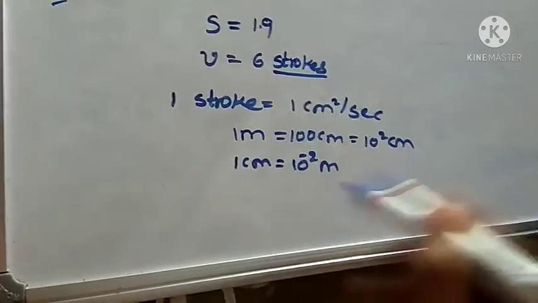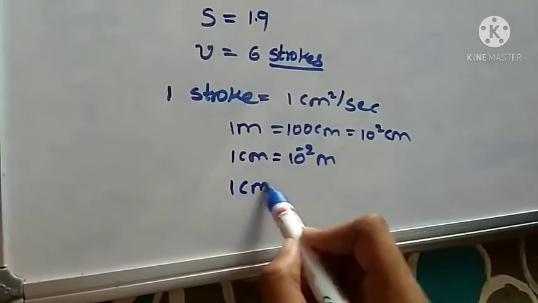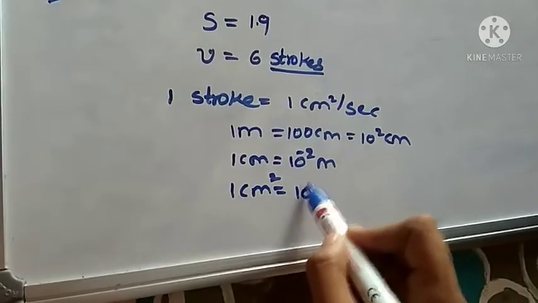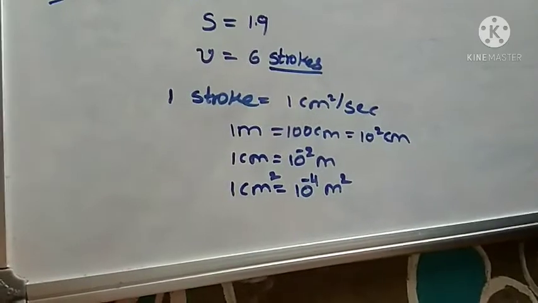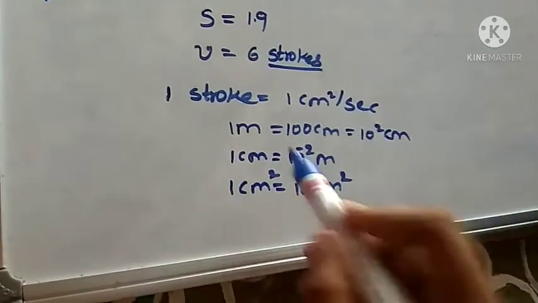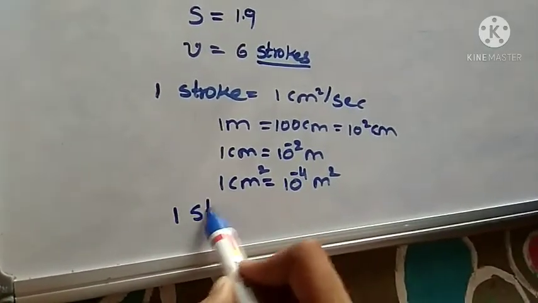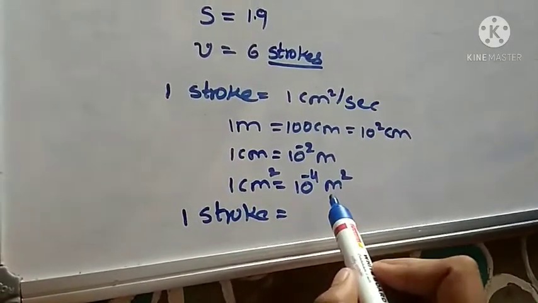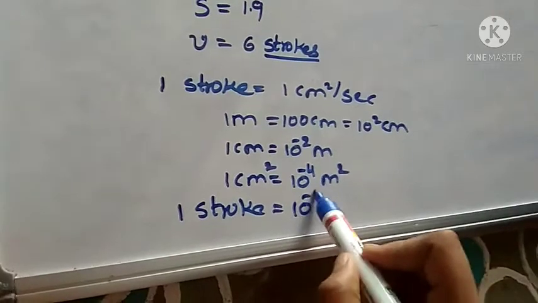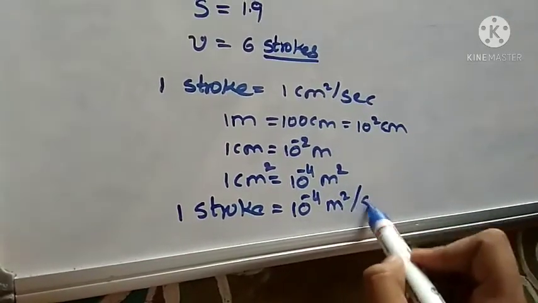Okay, so here we have centimeter square. So what will happen? 10 to the power of minus 4 meter square, squaring on both sides. So that's why 1 stokes is equal to 1 centimeter square is equal to 10 to the power of minus 4 meter square per second.